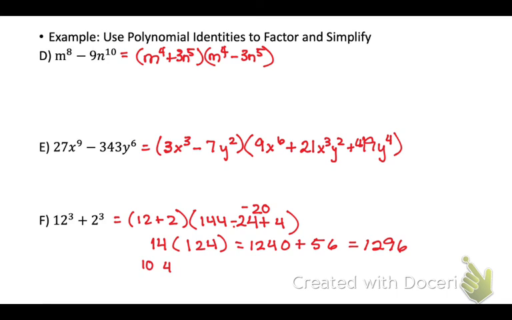Where did the 56 come from? Oh, I took 4 times 14. This has nothing to do with being good at math. Sorry, I multiplied the wrong thing by 4.